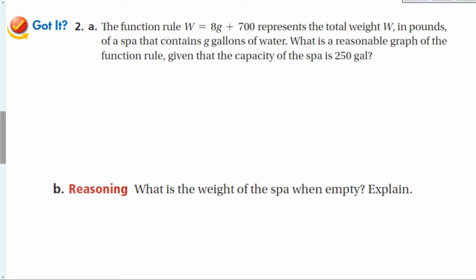Again, when you have a problem like this, you should pick numbers that are going to work well with the data that we have. So I would go up by 50 again: 0, 50, 100, 150, 200, 250.